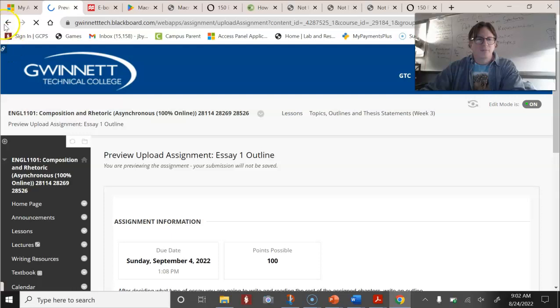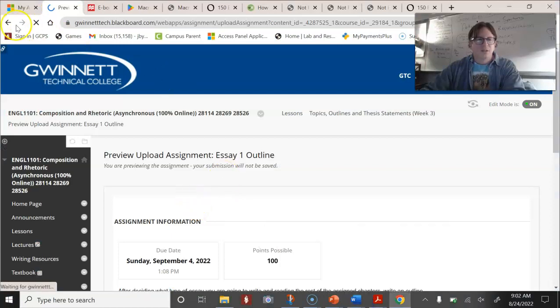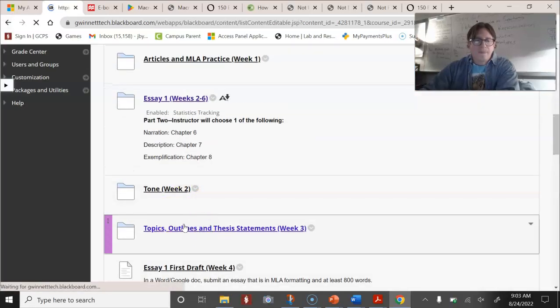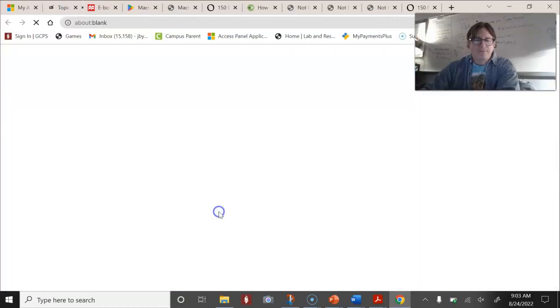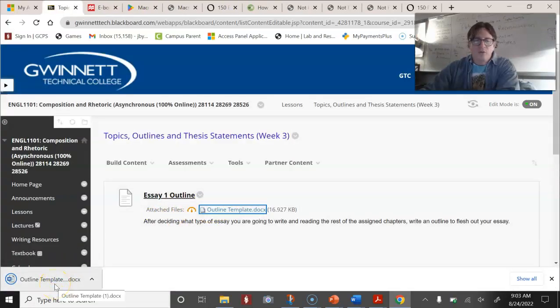I want to show the actual template. Oh, I think I have it right here. Nope, that's not it. You're going to use this outline template to come up with your ideas about what you're going to write about. So you've got to pick a topic that you're familiar with, that you don't have to do any research on.